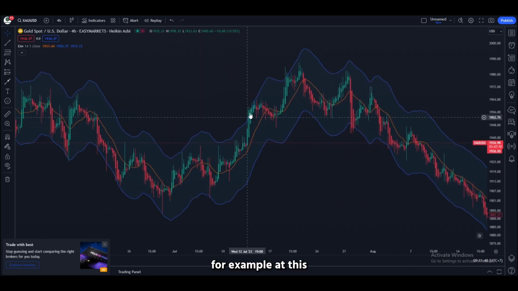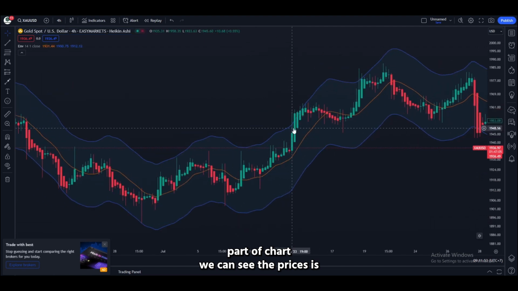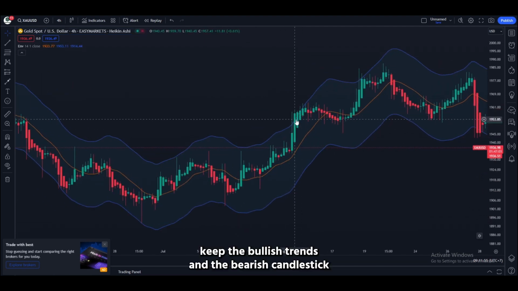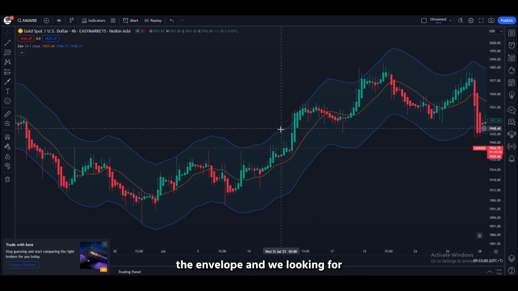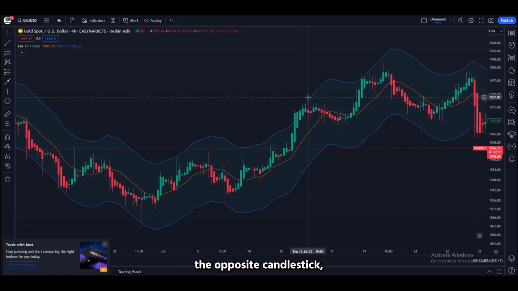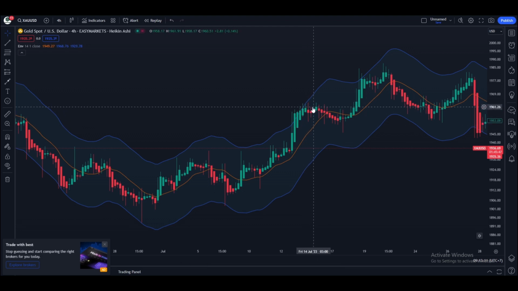For example, at this part of the chart, we can see the price keeps the bullish trend and a bearish candlestick appears. For the first one, we can detect the price breaking the envelope, and we're looking for the opposite candlestick, which is a bearish candlestick.